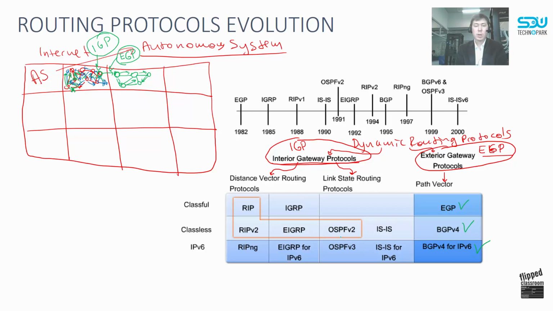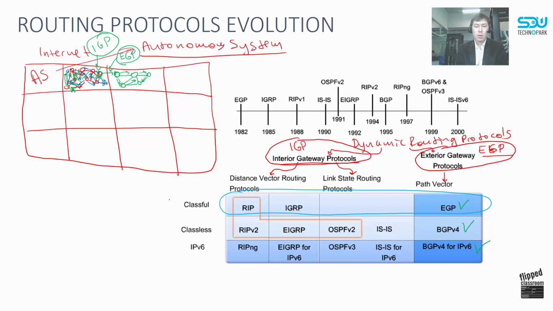Now let us pay attention to this table with the types of the protocols by classes. So we have classful protocols. These protocols are one of the first protocols in dynamic routing. They are RIP, IGRP, and EGP.